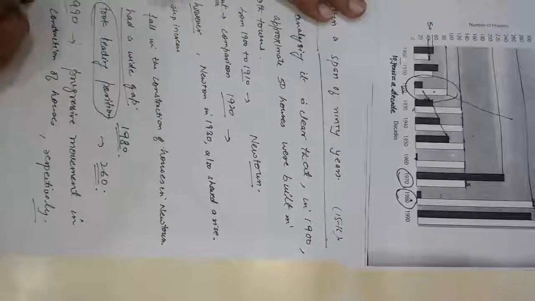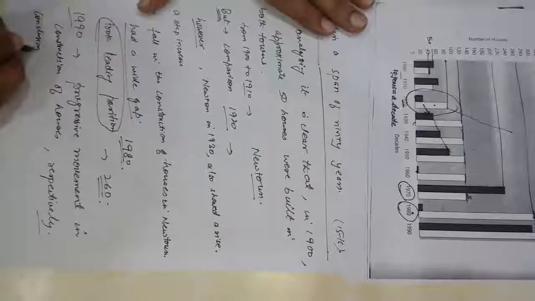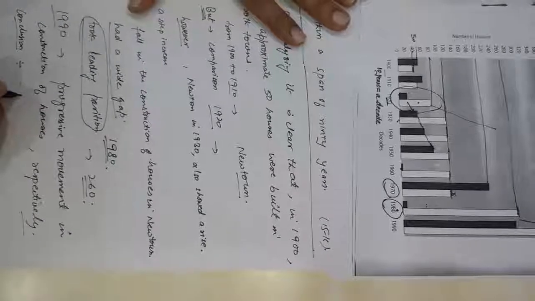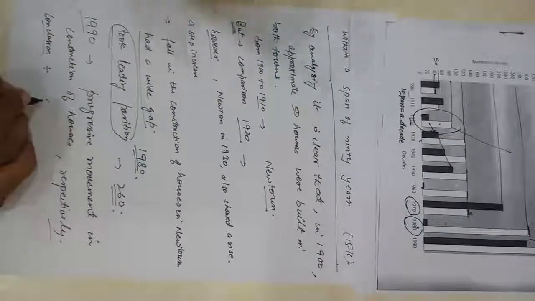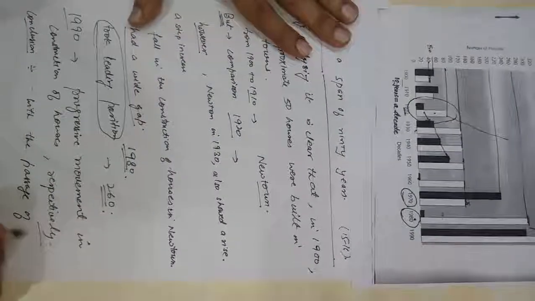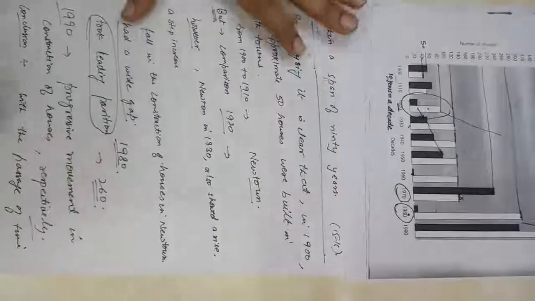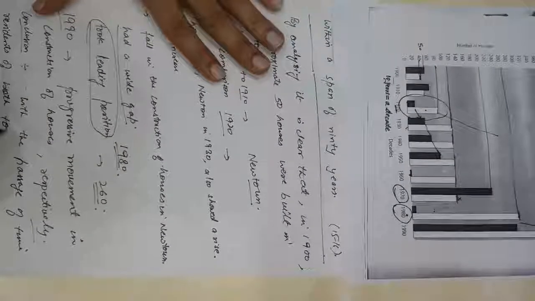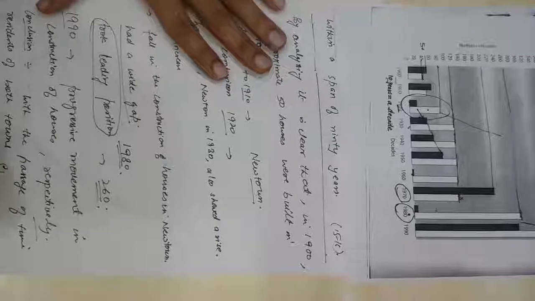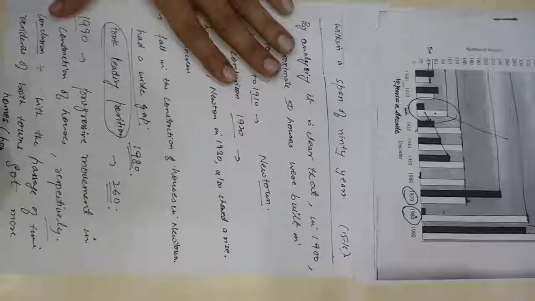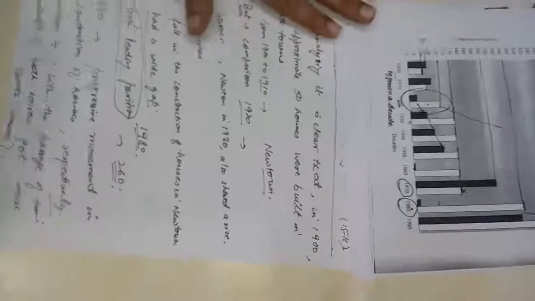So with the passage of the years, conclusion, we can say, go with a very nice conclusion. With the passage of years, the number of houses increased. It means the people built more houses with the passage of years, or with the passage of time, residents of both towns got more homes, or houses.